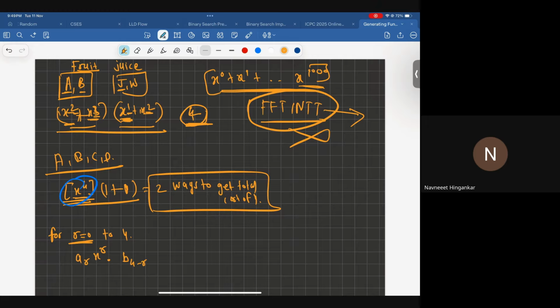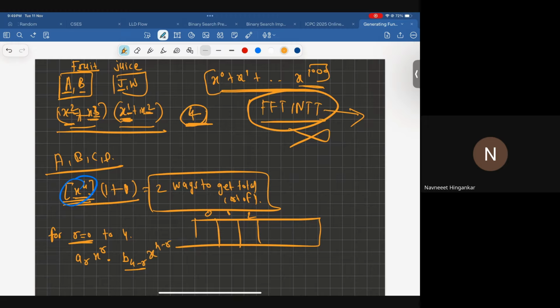And because you have chosen your storage as an indexed array, you will store the polynomial as an indexed array. So at the 0th position you will store the coefficient of x raised to the power 0, at the 1st position you will store the coefficient of x raised to the power 1, and similarly. So all you will do is this, and if this index is negative, obviously you will return 0. And b_(4 minus r), x raised to the power 4 minus r.